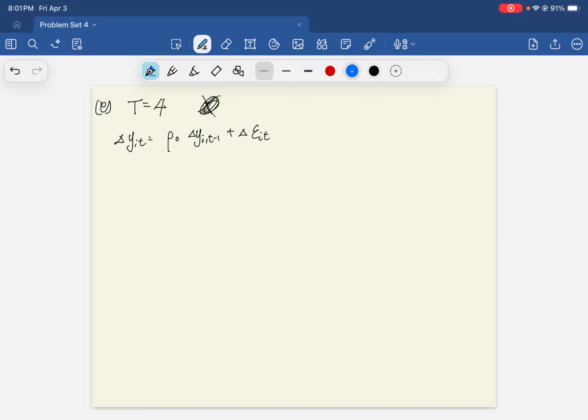This is a linear regression with this as an error term, and just this as an endogenous regressor.